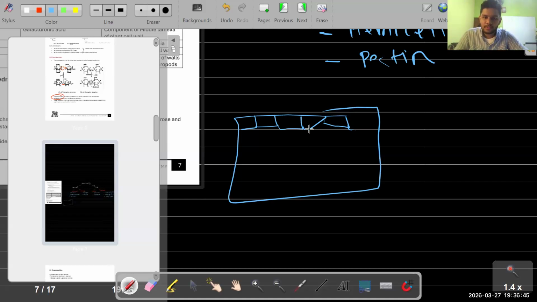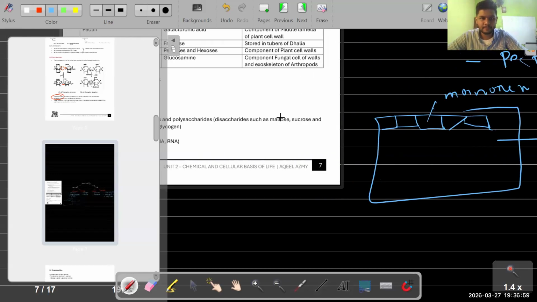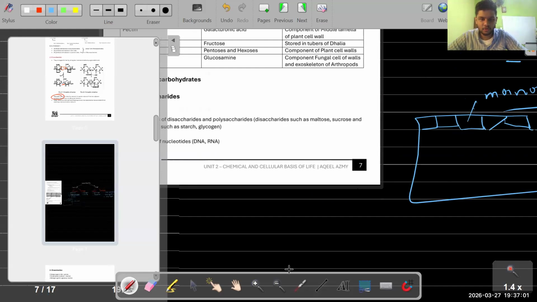Can you understand that the room is a polymer? The bricks are monomers. Monomers means the building units. Can you see? Can you understand what a monomer means? Yes or no?